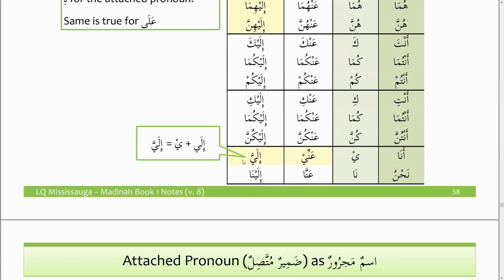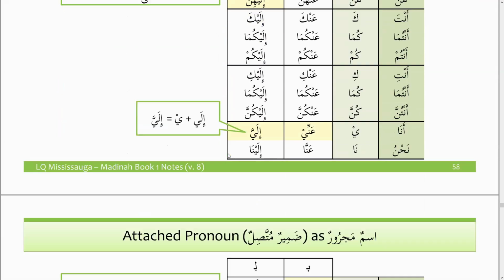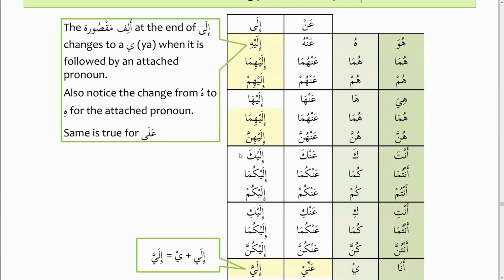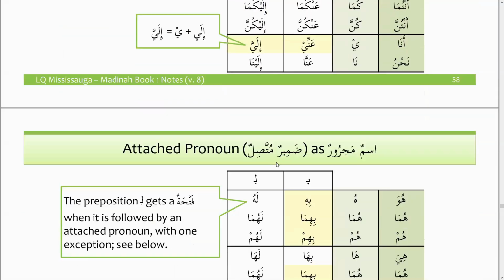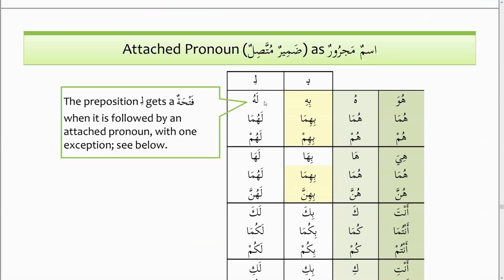And this is ilayya, because ila has a ya and ya mutakallim also has a ya, so they get joined together. Ilayya, ilayna. Everything I'm telling here will come in the lessons, so we need not worry so much about it. It's just an introduction kind of thing. Ila, an, everything comes in the books. Lahu is the same thing.